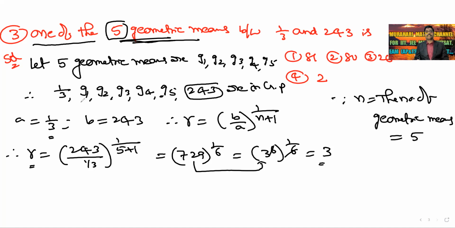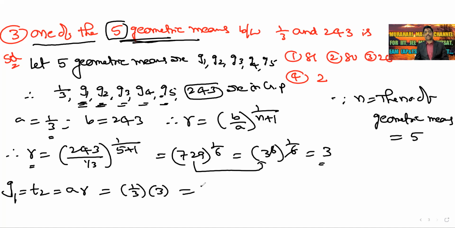So our target is one of the 5 geometric means. First we have to find G1, G2, G3, G4, G5. G1 is equal to the second term, A into R. A value 1/3, R value 3, it will be 1. G2 is equal to the third term T3, A R square. A is 1/3, common ratio 3, 3 square.